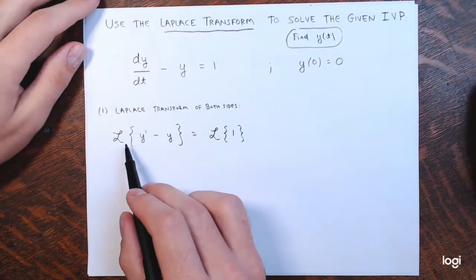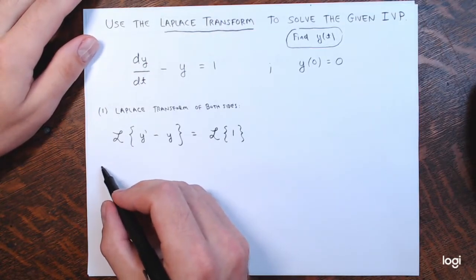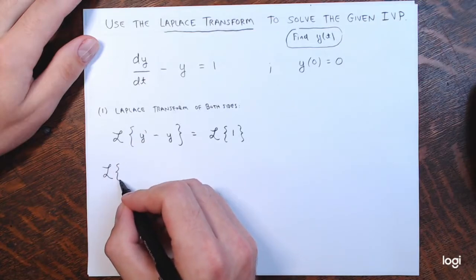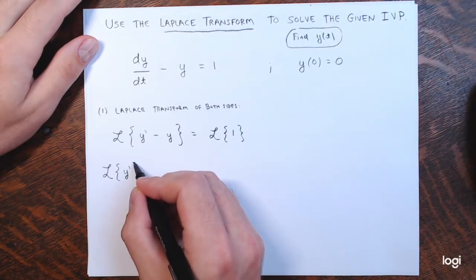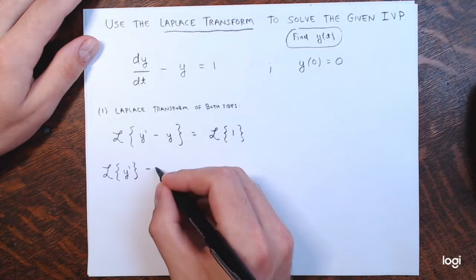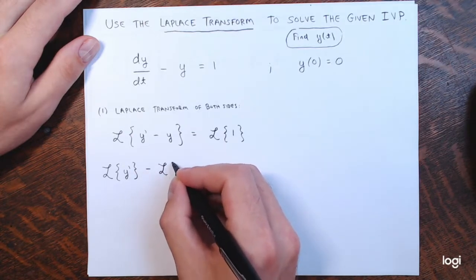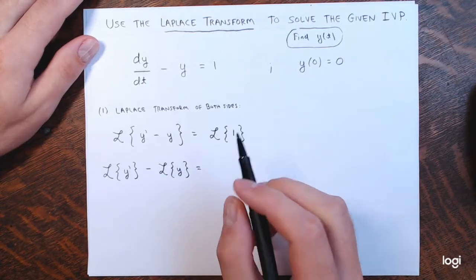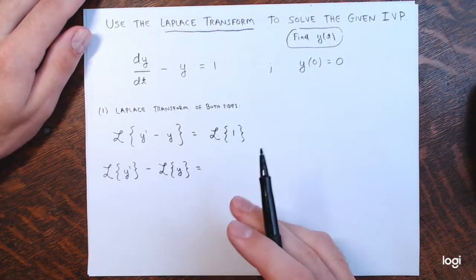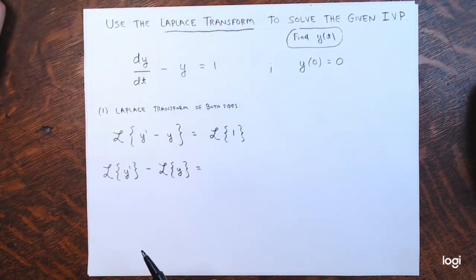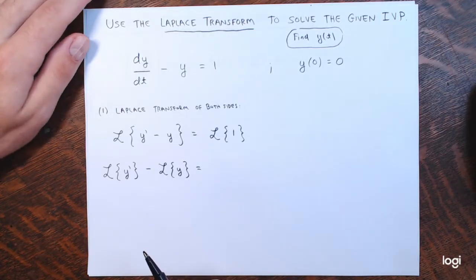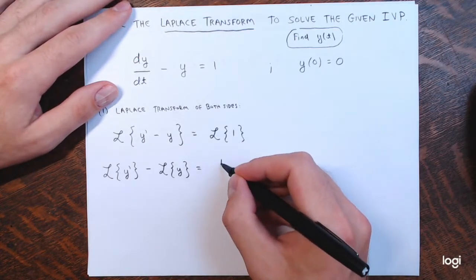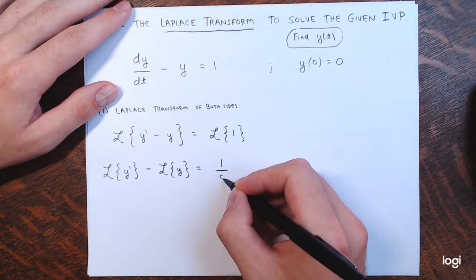Using the linearity property, this is the Laplace transform of the first derivative of y with respect to t minus the Laplace transform of y. And then the Laplace transform of 1, again, I'm hoping you've seen previous videos on Laplace transforms. You should have a lot of these things memorized by now. The Laplace transform of 1 is simply 1 over s.